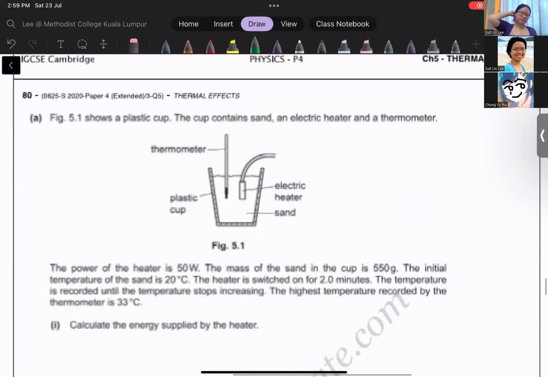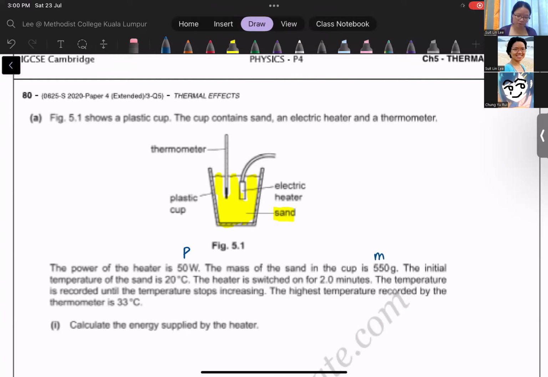Okay. So this is an example of the same setup. The only difference is that this one looks a bit low tech because I'm heating sand. So this side here is all sand. I put a thermometer inside there. And I'm hoping that the plastic cup is a good enough insulator. But we'll see. The power of the heater is 50 watts. And the mass of the sand in the cup is 550 grams.